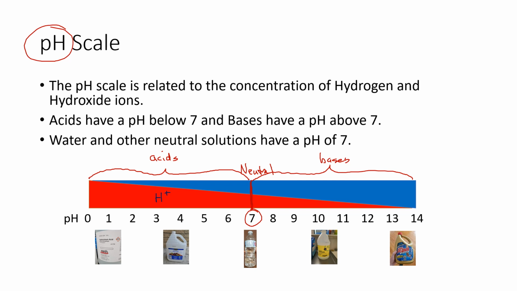And they have a higher concentration of hydroxide ions. And right in the middle here, you got the place where there's an equal concentration of both the hydrogen ion and the hydroxide ion. And wouldn't you know it, an H with an OH makes water, right? H2O.